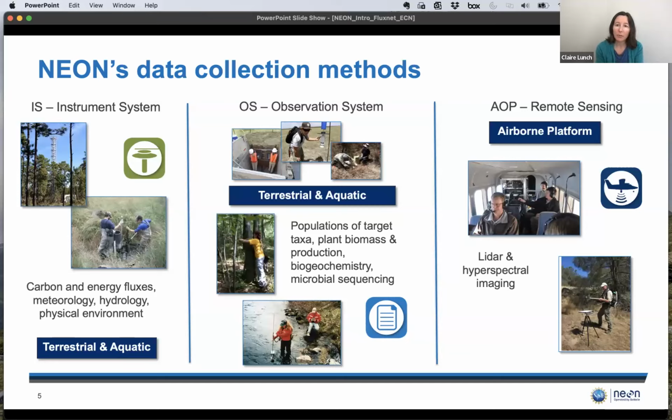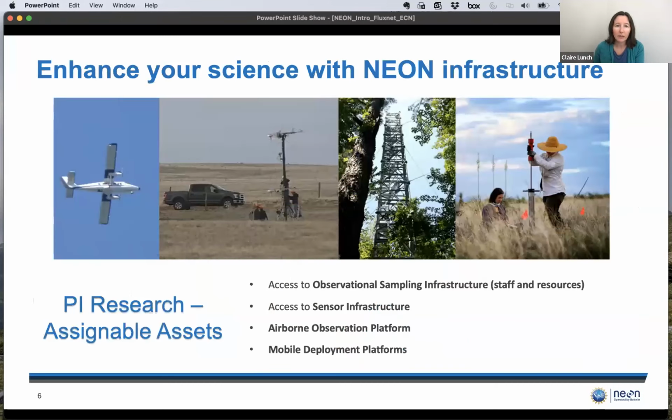And then the airborne platform has both a LiDAR and a hyperspectral reflectance instrument, as well as a very high resolution digital camera. So that's the overall picture. And again, if there are detailed questions about specific data, I'm happy to answer them.